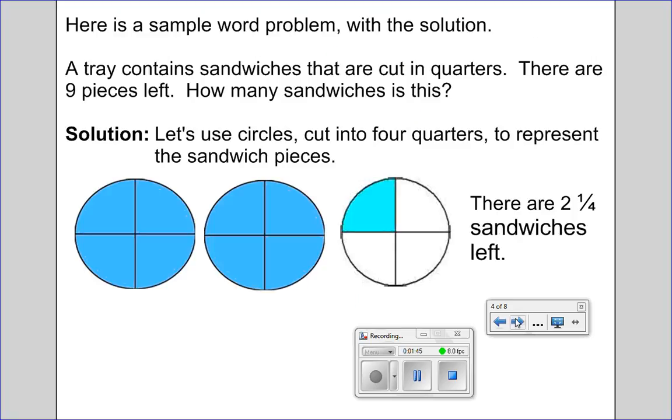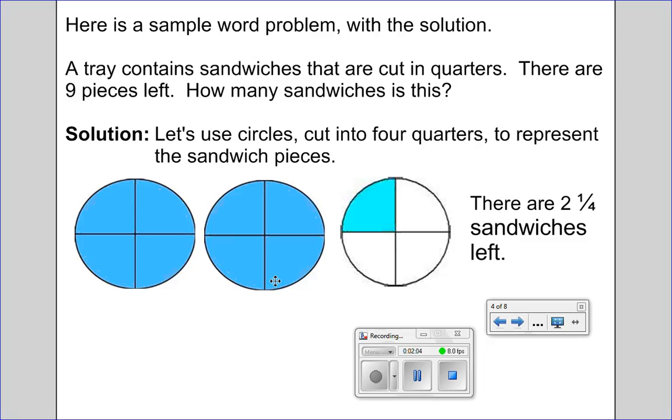Okay, here's a sample word problem with the solution. A tray contains sandwiches that are cut in quarters. There are 9 pieces left. How many sandwiches is this? For the solution, here's what I did.